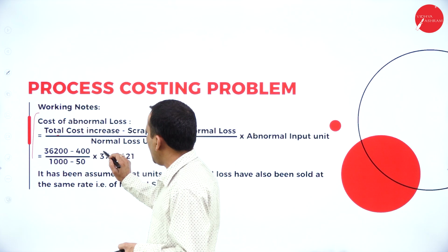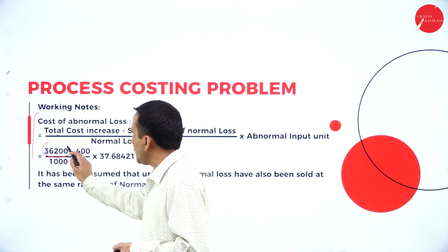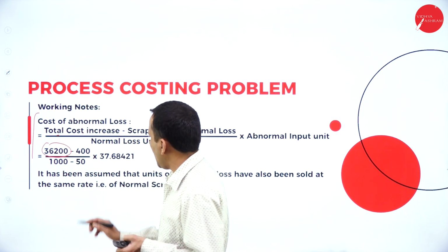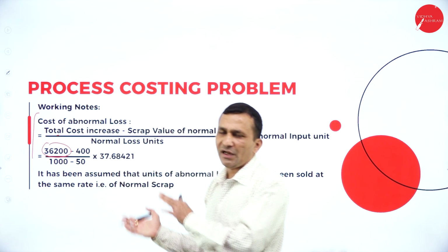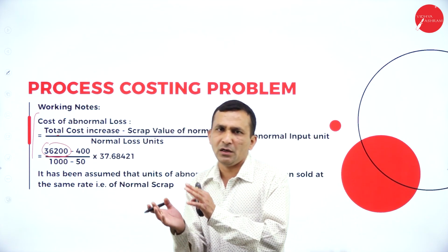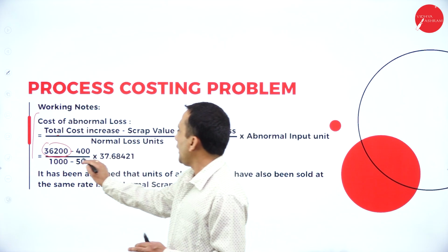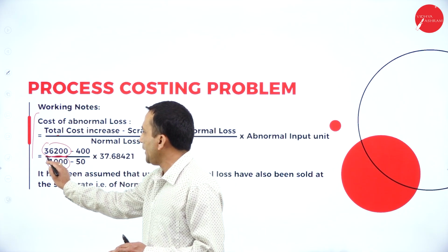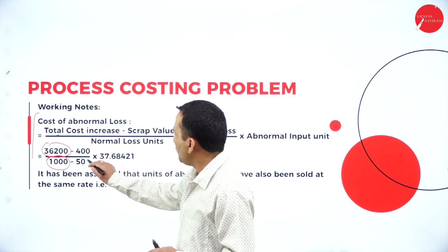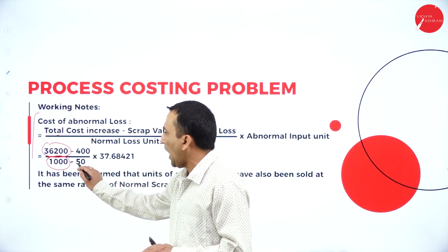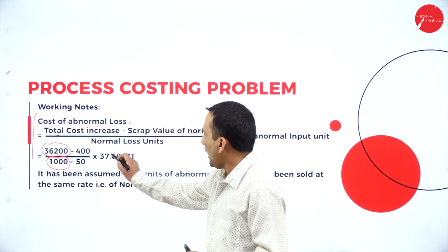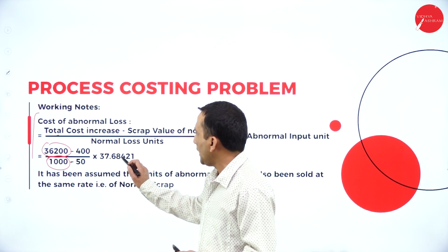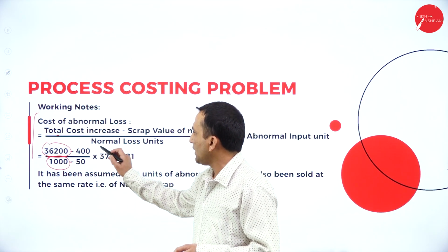Total cost is 36,200 from the debit side, minus 400 which we recovered with the help of the normal scrap value. The total input we introduced is 1000 units, from which we subtract the normal loss units, and the difference we get is 50 units.